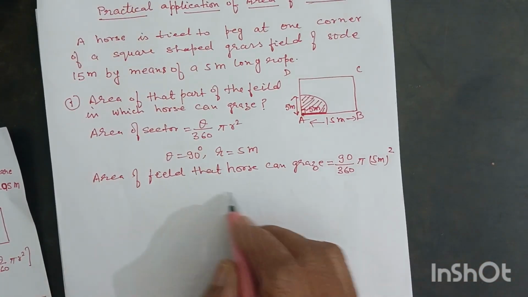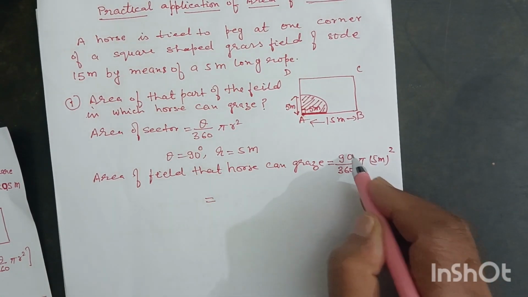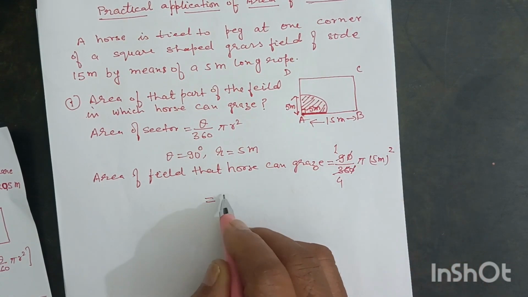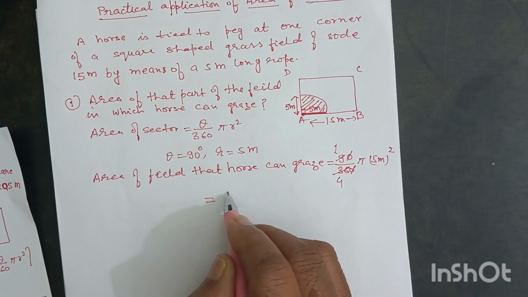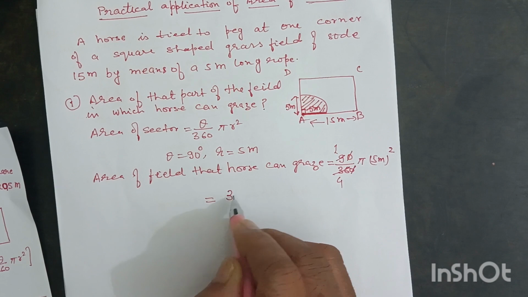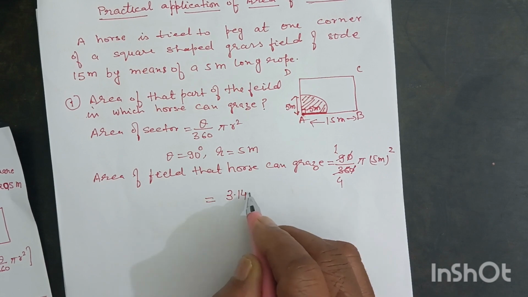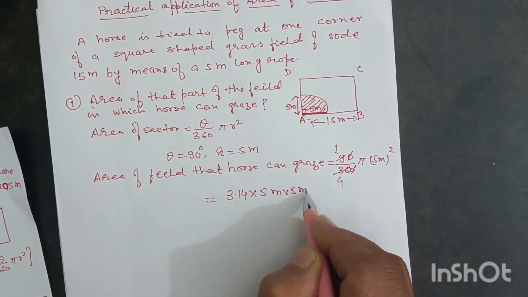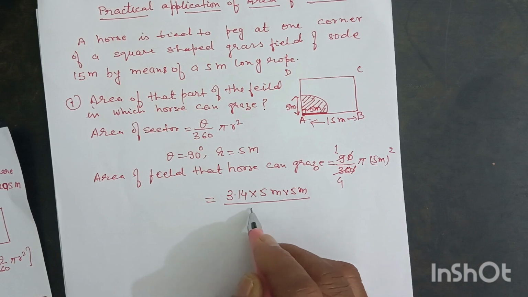Now on simplification, this 0 and 0 will cancel. 9 1 ja 9, 9 4 ja. So this is pi, value of pi is 3.14 in question. 5 meter into 5 meter divided by 4.